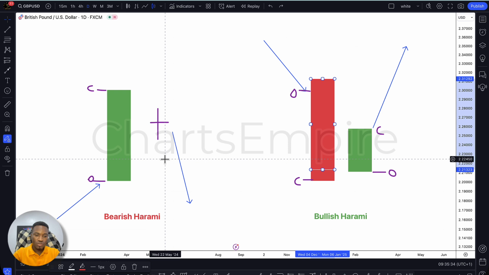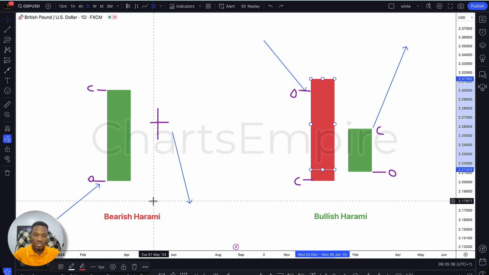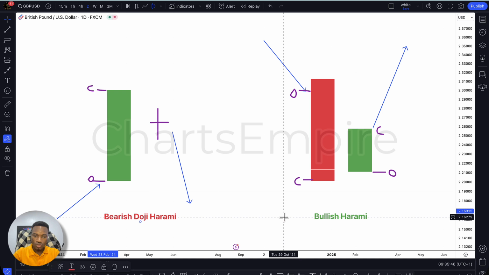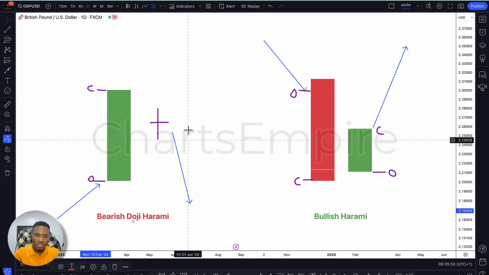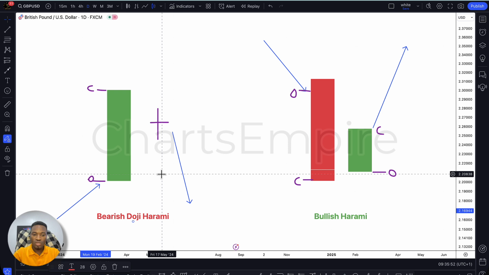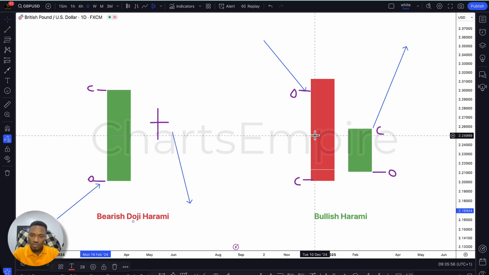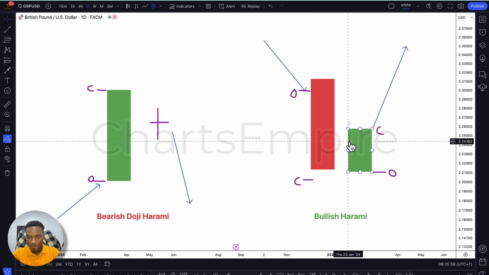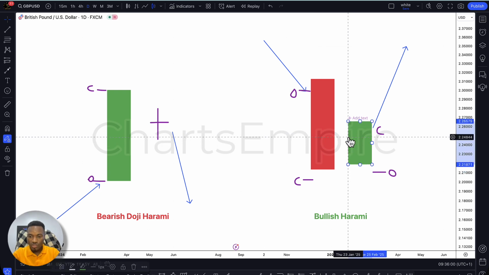Whenever we have a Doji candlestick, it is regarded as a bearish Doji Harami, right? But in the case of a bearish candlestick, it is called a bearish Harami, right? Now, in the case of the bullish Harami, instead of having a bullish candlestick, the second candlestick can result in a Doji candlestick.